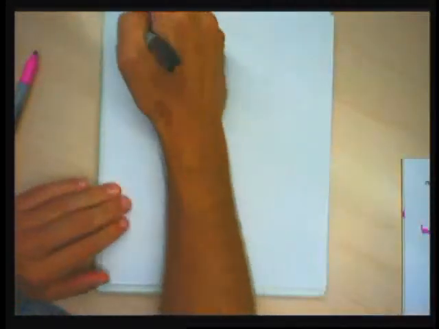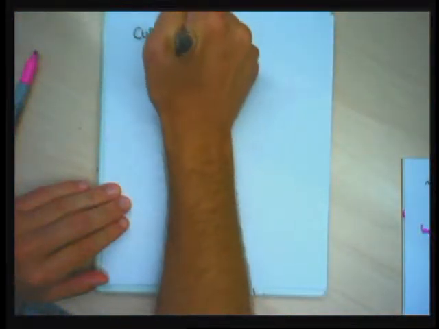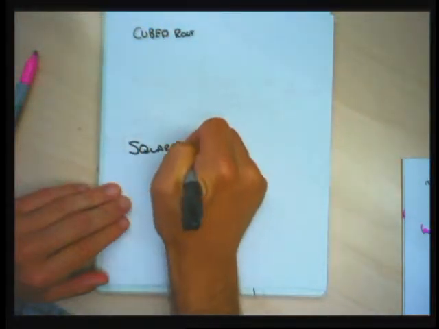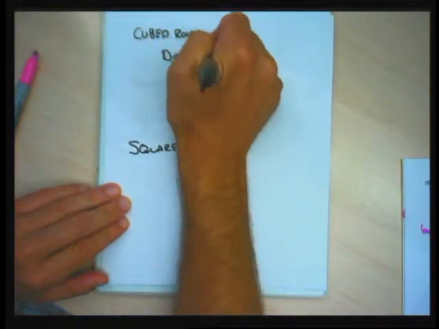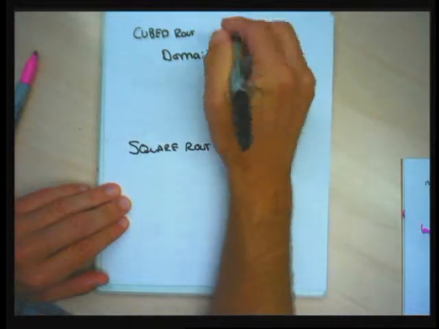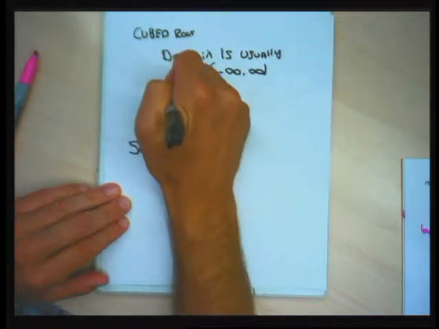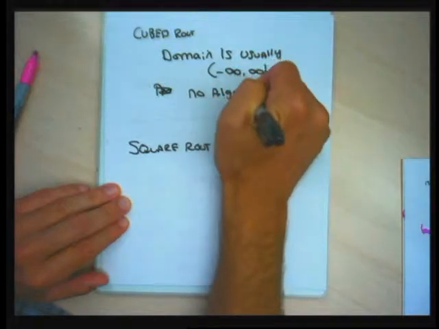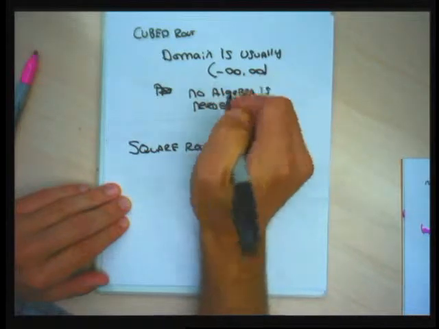So if I wanted to compare cube root versus square root, the domain of a cube root is usually, and always in our class, negative infinity to infinity, and no algebra is needed to find the domain of a cube root.